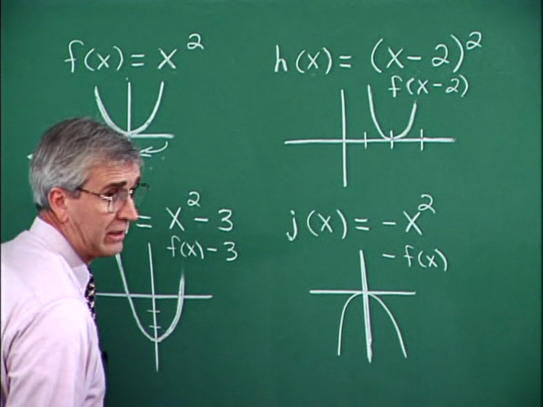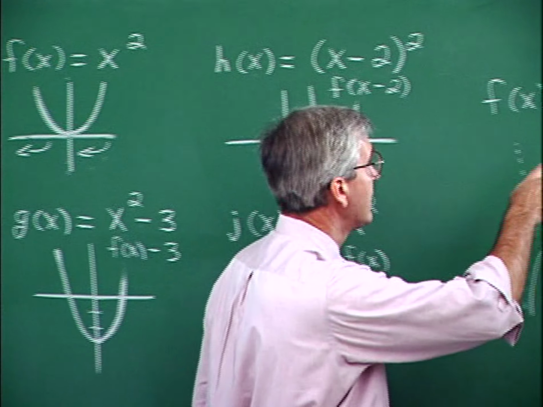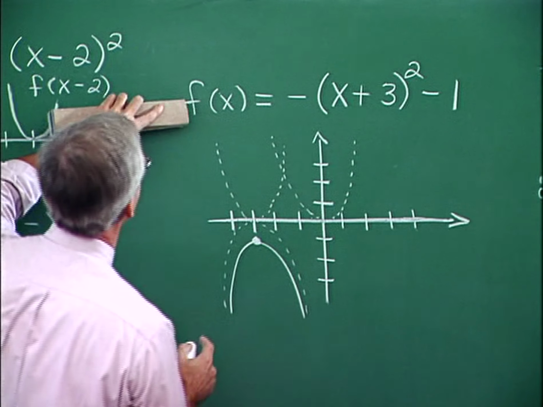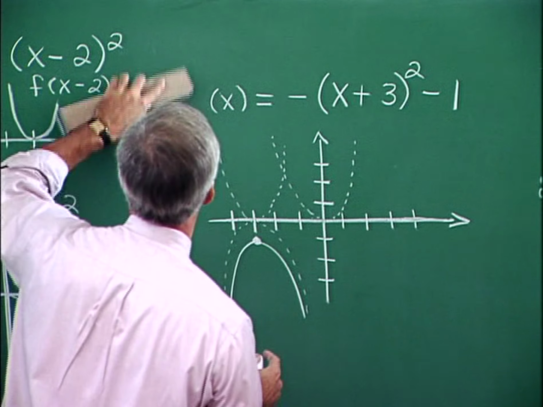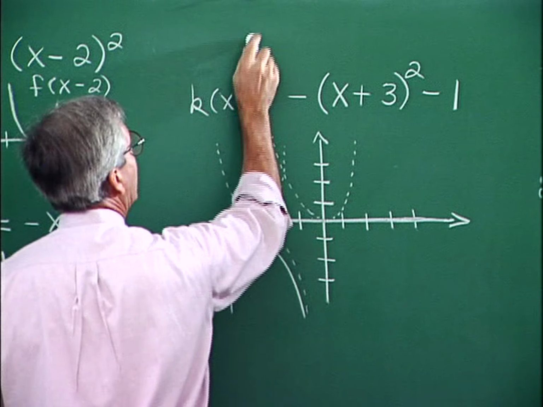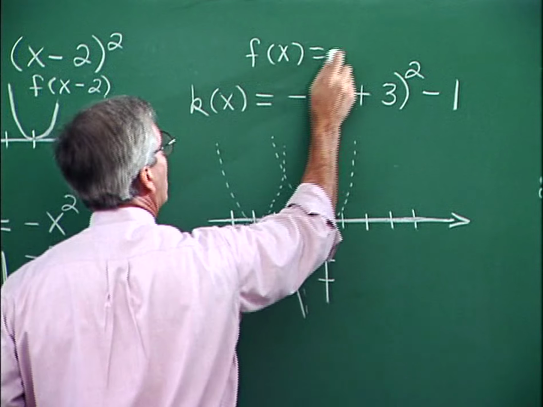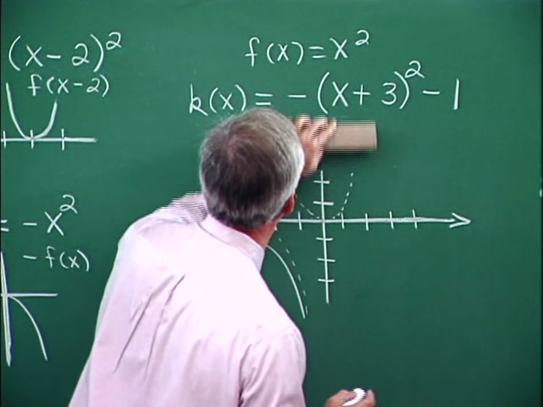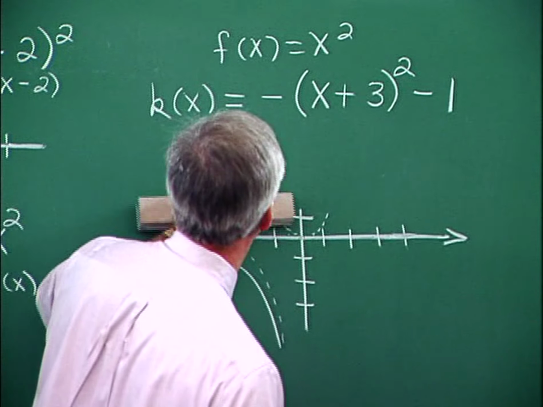And let's slide over. We could even write this one in that kind of symbolic form. Let's try to do that. Now I have this listed as f of x. I want to rename it. Let's call it k of x. And f of x we know to be x squared. That's our reference function here. And so let's just rewrite.